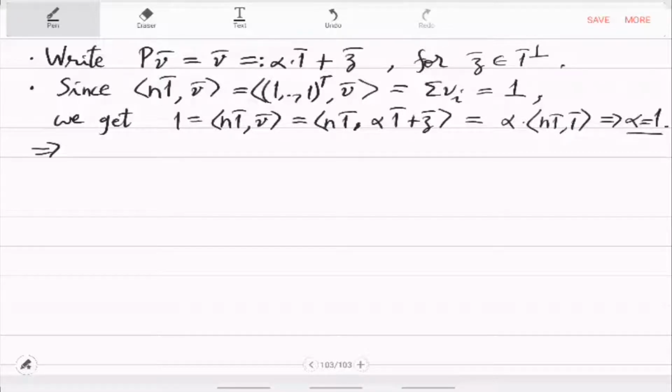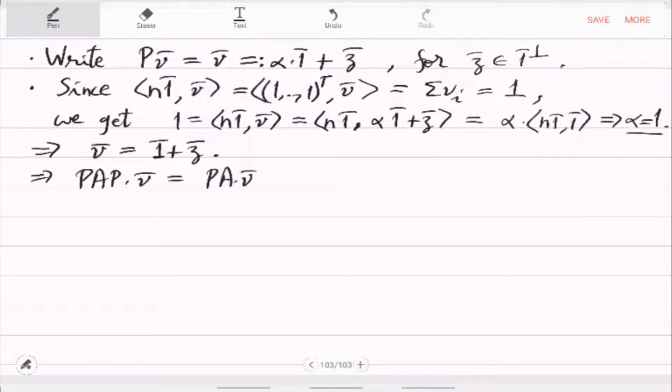So we have written V bar to be 1 bar plus Z bar, and this will be useful now to understand the action of PAP on V bar. So let's do that. PAP on V bar is PA V bar, which is equal to PA 1 bar plus PA Z bar, which is equal to, A 1 bar is 1 bar, right?